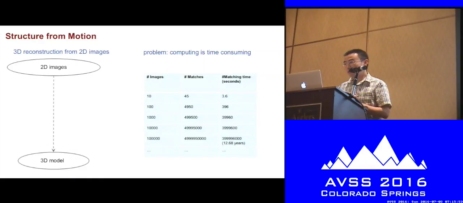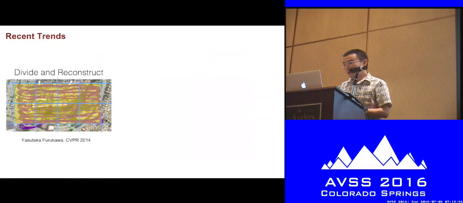So our work aims to reduce the image matching time. Starting from 2014, Dr. Furukawa proposed at CVPR to use divide and reconstruct, because if an image is taken here, it doesn't make sense to match it with an image taken over there.